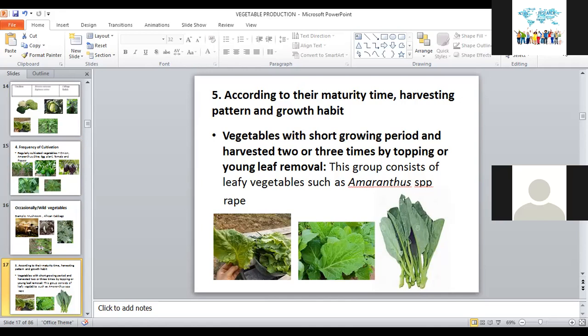Lastly, we did look at the classification of vegetables according to their maturity time, their growth habit, as well as the way that these vegetables are harvested.